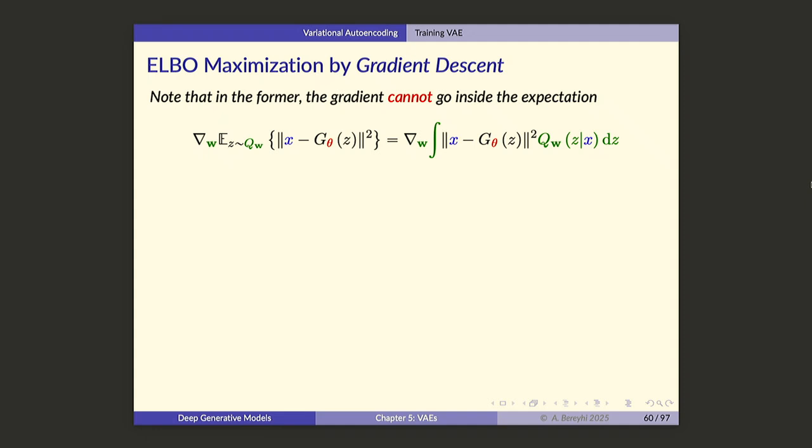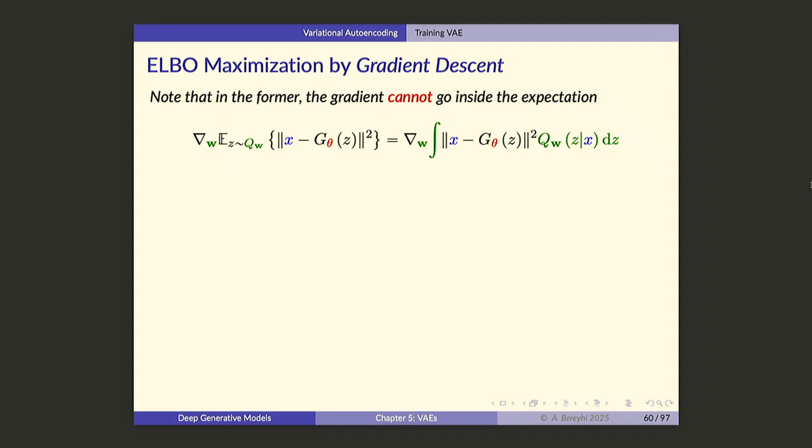I take the expectation with respect to some distribution q, which depends on a bunch of parameters, and I want to take the gradient with respect to those parameters. If you open up the expectation, you have the same term as before times the distribution times dz, and then you take the integral.